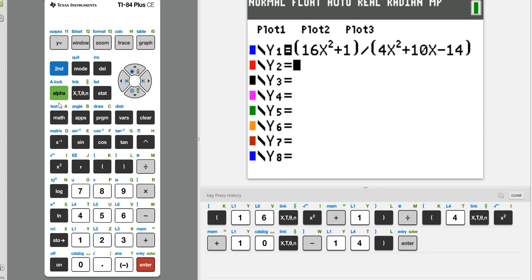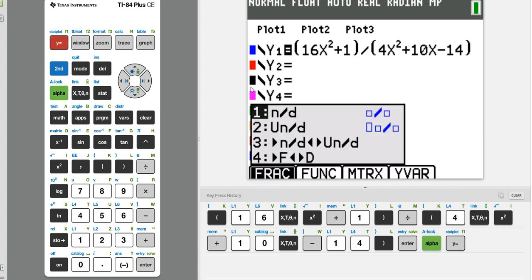Now, a perhaps better way that you can't do with all your calculators, for instance, the TI-83 won't do this, which is kind of annoying, but it's a little bit safer for certain problems. If you hit the alpha key, then the Y equals key, that'll give you the option to do a straight up and down fraction.